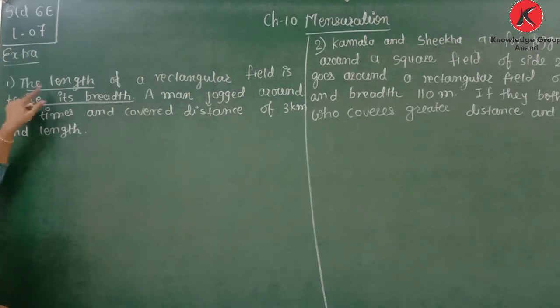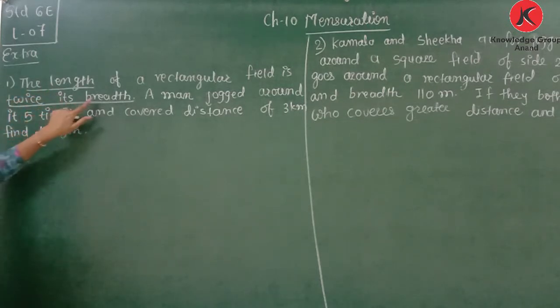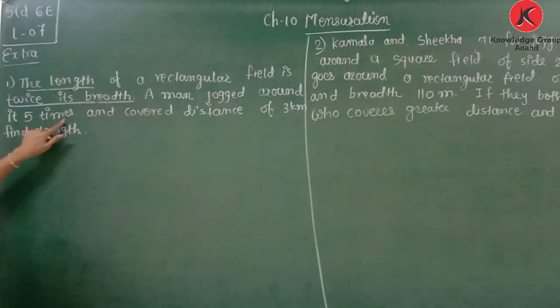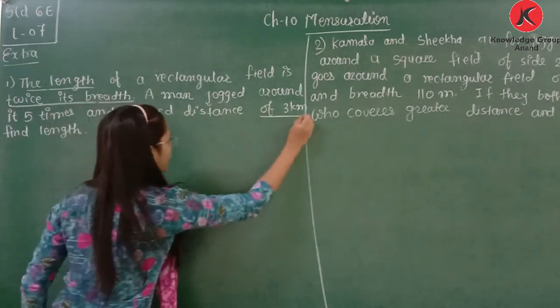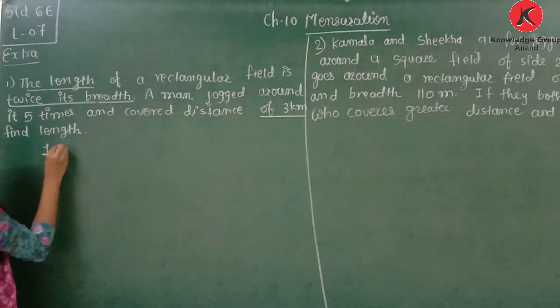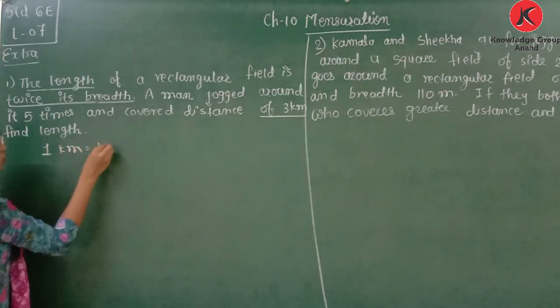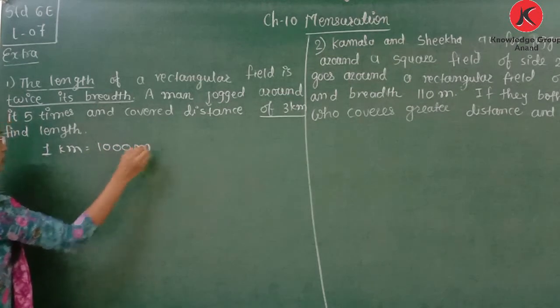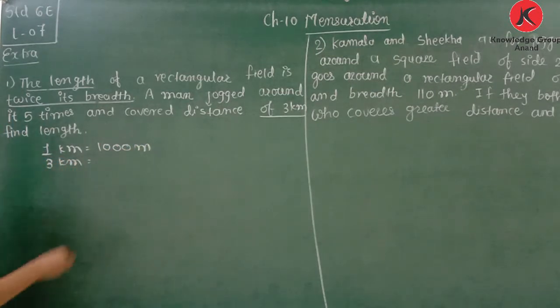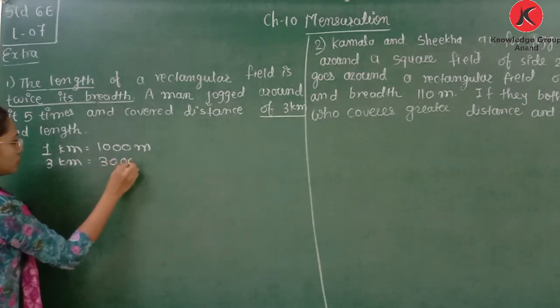The length of the rectangle is twice its breadth, and a man jogged around 5 times and covered a distance of 3 kilometers. Find the length. What is the distance given? 3 kilometers. We can convert it into meters also: 1 kilometer is equal to 1000 meters, so 3 kilometers is 3000 meters. Or you can leave it as 3 kilometers, which is also correct.